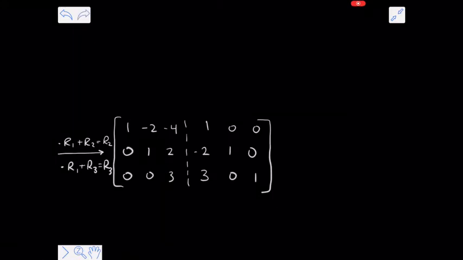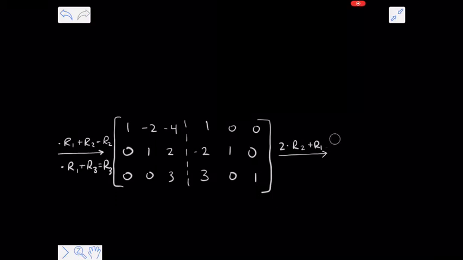So what I just described is now row 2, I'm going to multiply it by 2. What that's going to do is put a 2 right here, and then I can add it to make a 0 right there. So add it to row 1, and this is going to become a new row 1.